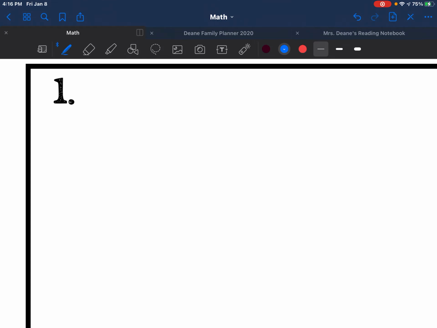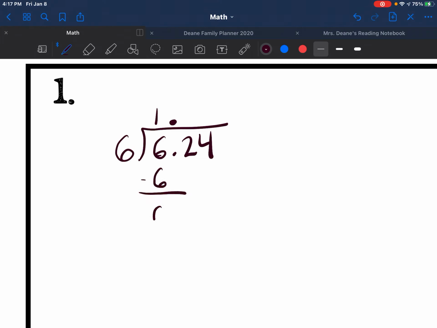So it is, let me get a good color here. All right, so 6 on the outside and 6.24 on the inside. And then we move our decimal straight up to the top. 6 goes into 6 one time. 1 times 6 is 6. I subtract. I bring down. Can 6 go into 2? Nope.